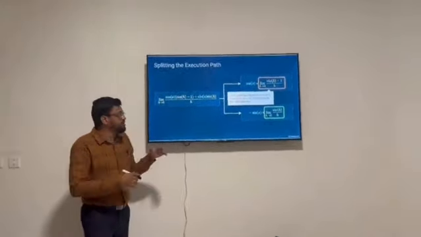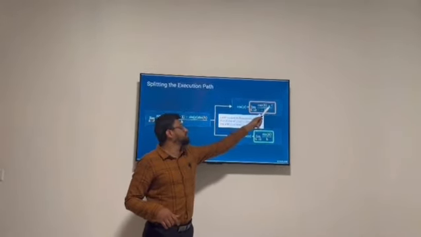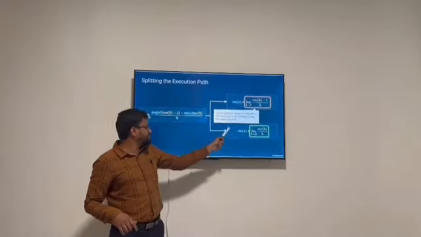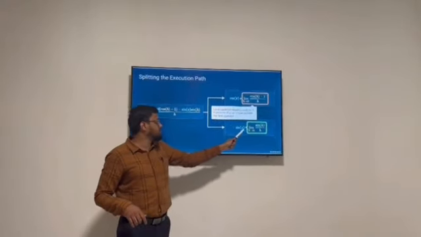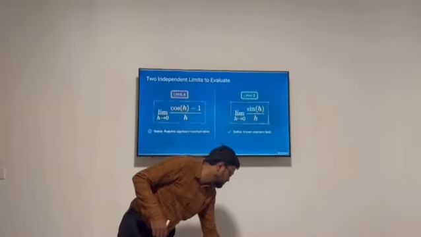The two limits become cos x times the limit as h approaches 0 of (cos h minus 1) upon h, minus sin x times the limit as h approaches 0 of sin h upon h.